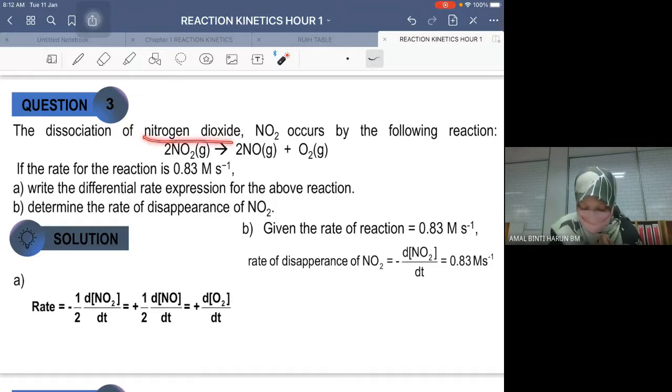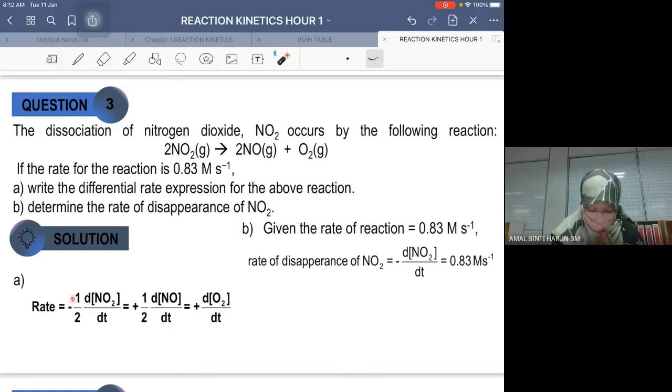Dissociation of nitrogen dioxide by the following reaction is given, and the rate for the reaction is 0.83 molar per second. Write the differential rate expression. This is already a balanced equation, and then you write the differential rate equation.